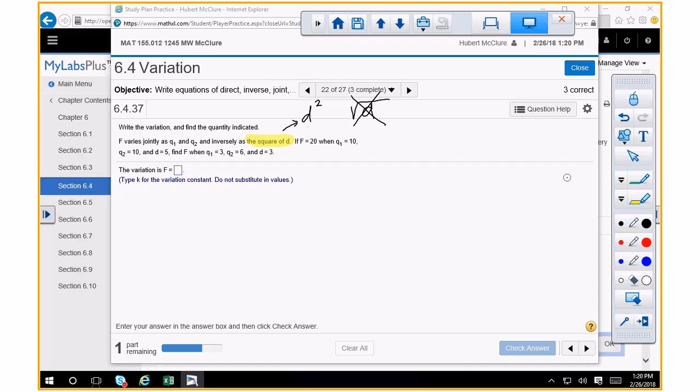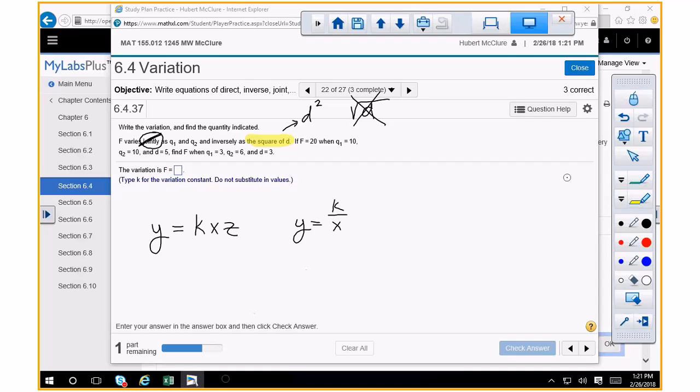Now, what does this say? Okay, so y is equal to, what did you tell me it was, kxz? I think that's right. All right, so I'm just going to cross that out for right now. I'm not going to cross out the whole thing yet, because I'm not ready to. And inversely, as the square of D. Now, what is inversely? Inversely is y is equal to k over what?